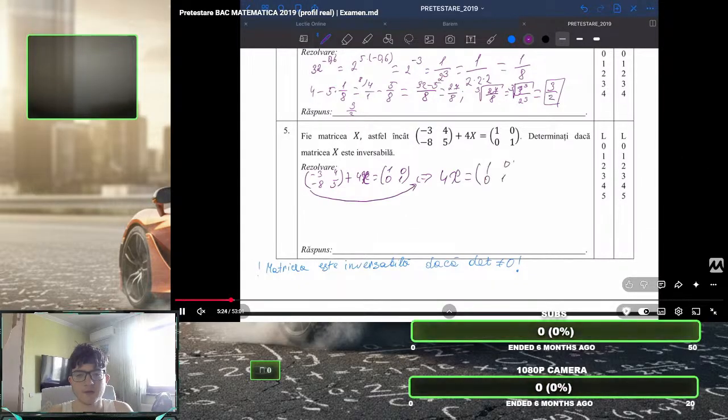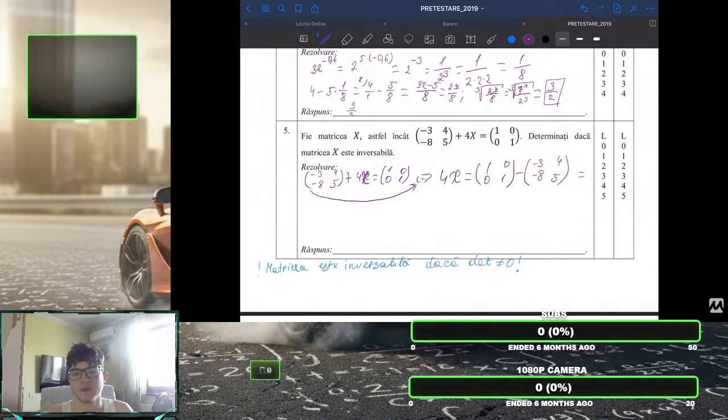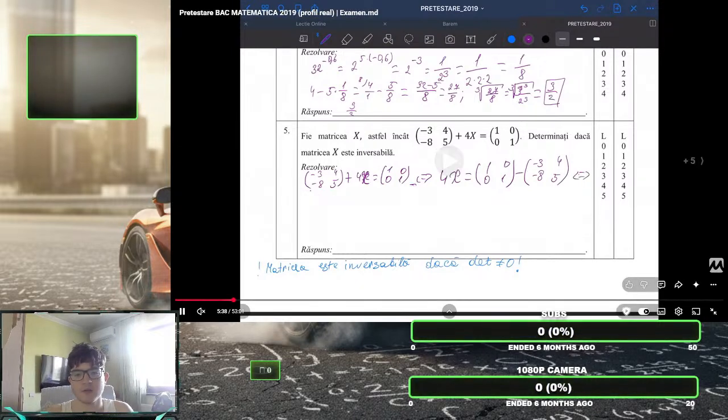So 4x is gonna be essentially that minus this, right? You just keep the x terms to the left. Now right there you're gonna have 1 minus 0, so that's just 1, and on to the next matrix is gonna be a bit harder.